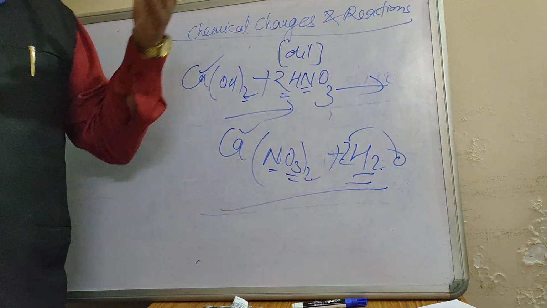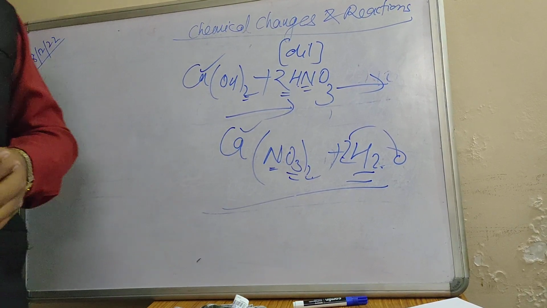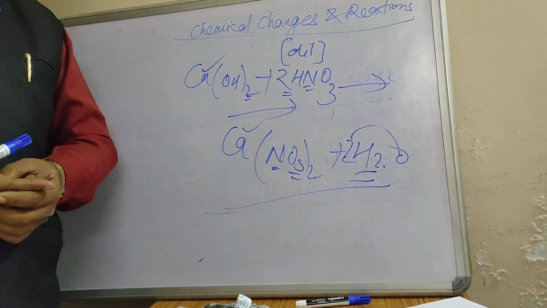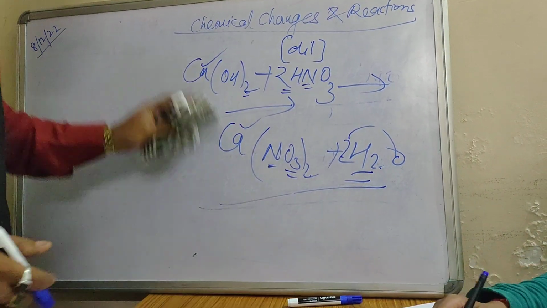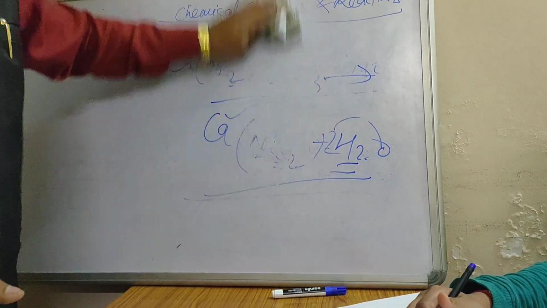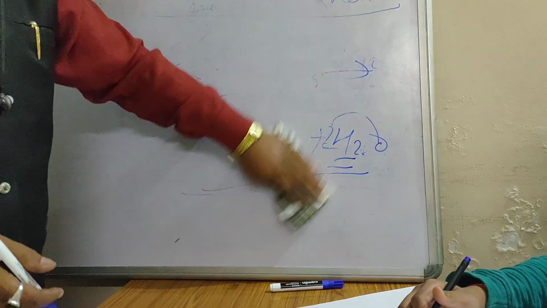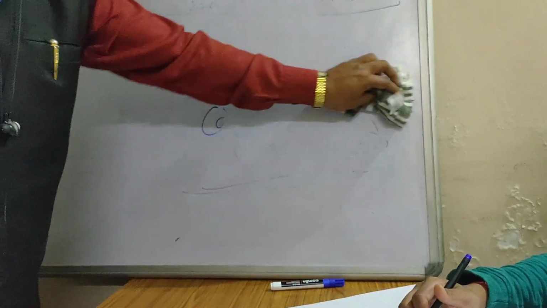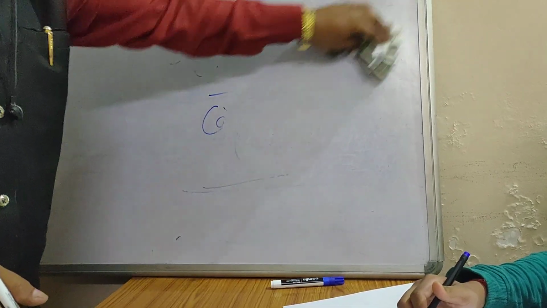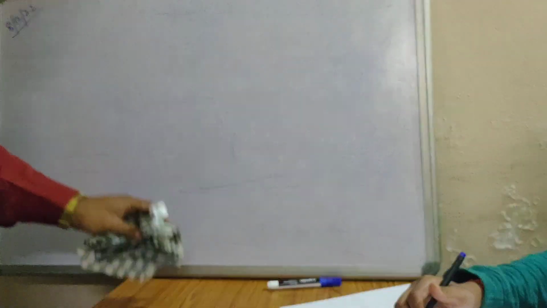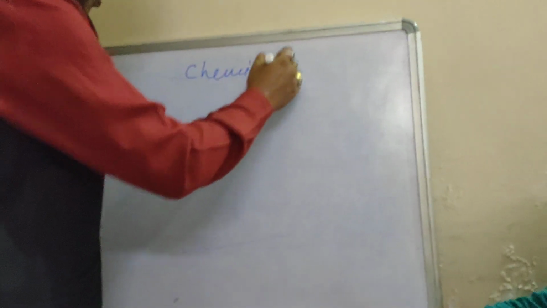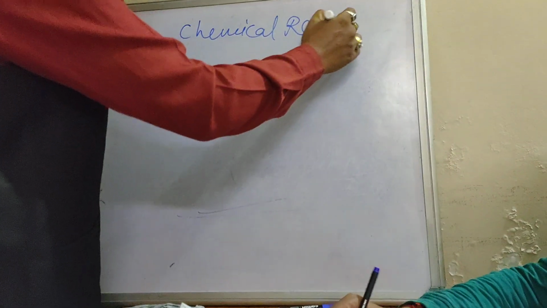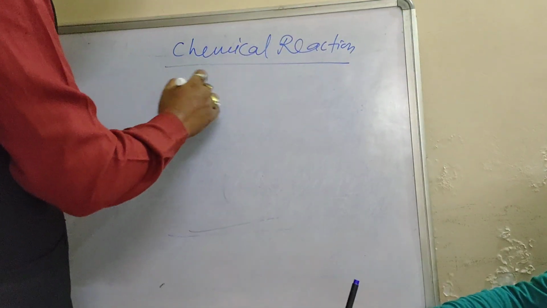So in a chemical reaction, there are various kinds of indications. The first thing is that in a chemical reaction, you will find a change in color.